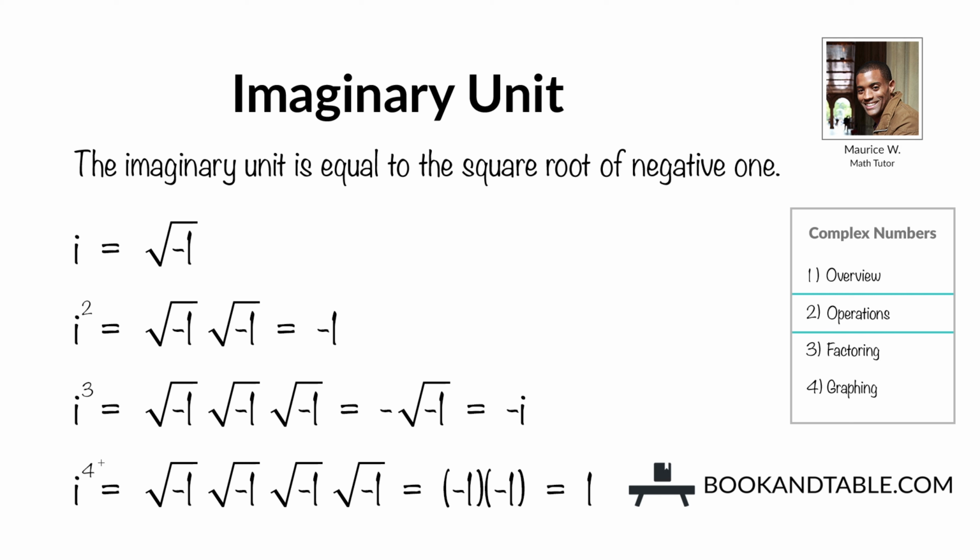And then once we get to I to the fifth, I to the fifth is equal to I to the fourth times I. So that would be 1 times I. So I to the fifth is equal to I. So every 4, it repeats itself. Now, for most complex numbers, you'll only wind up dealing with I squared, but I wanted to make sure we reviewed this briefly in case your instructor gets creative.